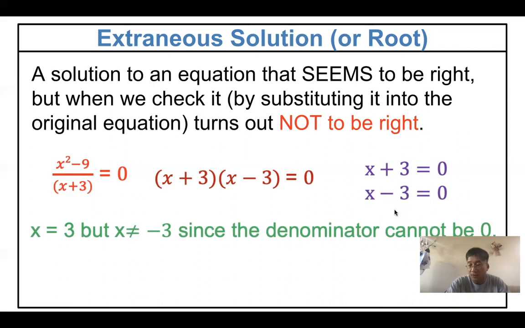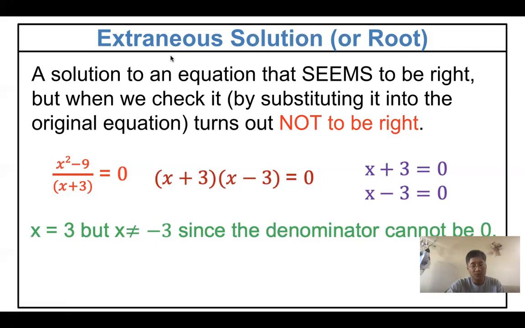So what is x? x is 3 or x is negative 3, right? That is the solution. But x is 3, and x cannot be negative 3. Why? Why can x not be negative 3? If you plug x equal to negative 3 into the denominator, what happens? It becomes 0. But we know that the denominator cannot be 0. That's an extraneous solution.